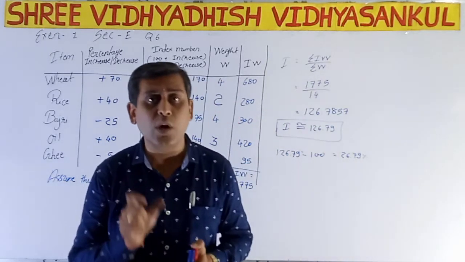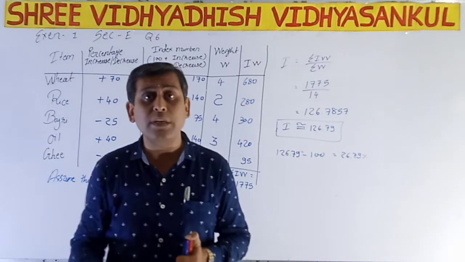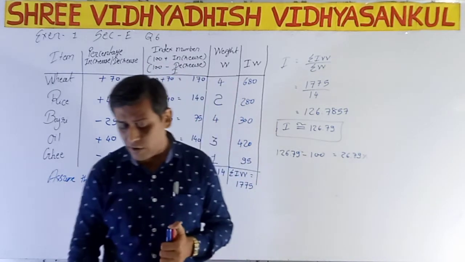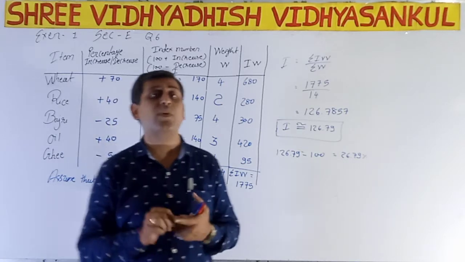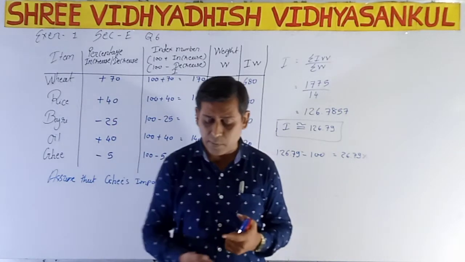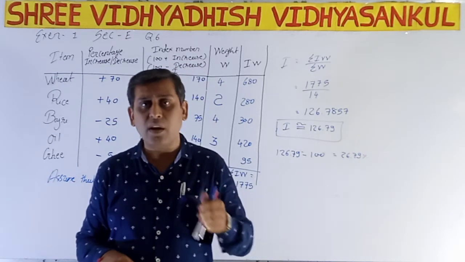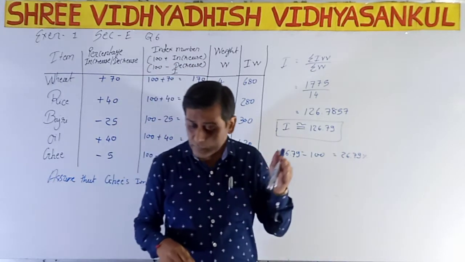So you have to convert dozen into pieces because the price of the item is given as 30 and 36, that is base year price is 30 and the current year price is 36, and which is divisible by 12.